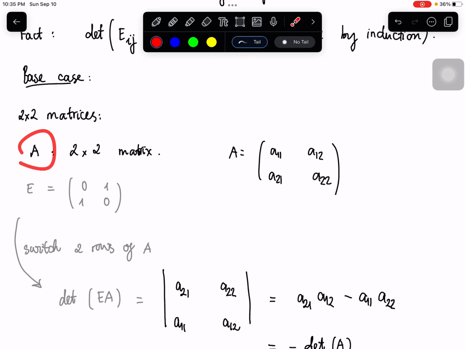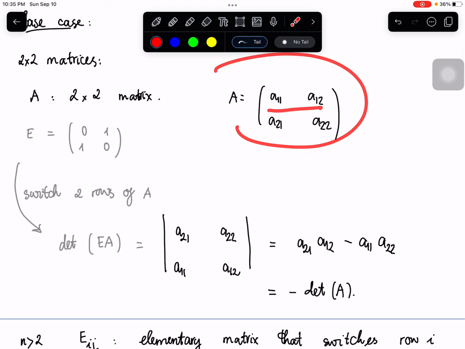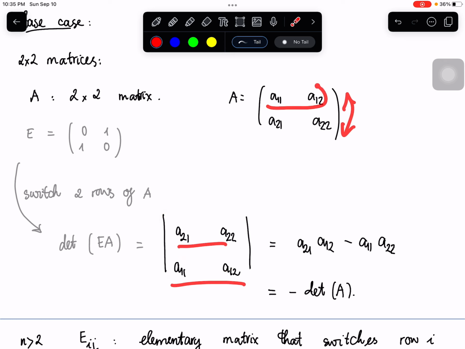A is a 2 by 2 matrix, and we exchange two rows of A, with entries A11, A12, A21, A22, and it becomes this matrix. We change the first row to the second and the second to the first. Then for a 2 by 2 matrix, we can just verify the determinant of the new one.